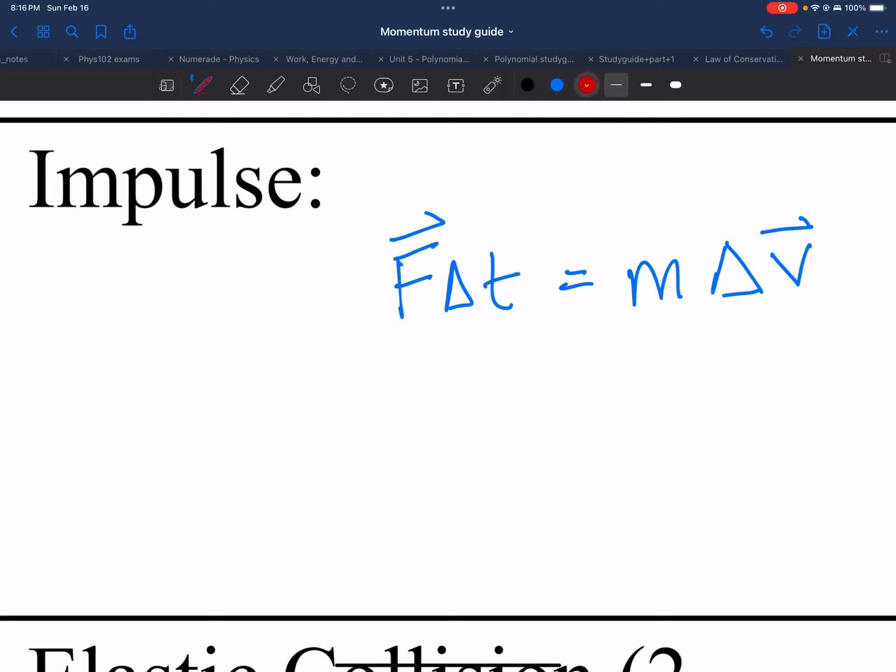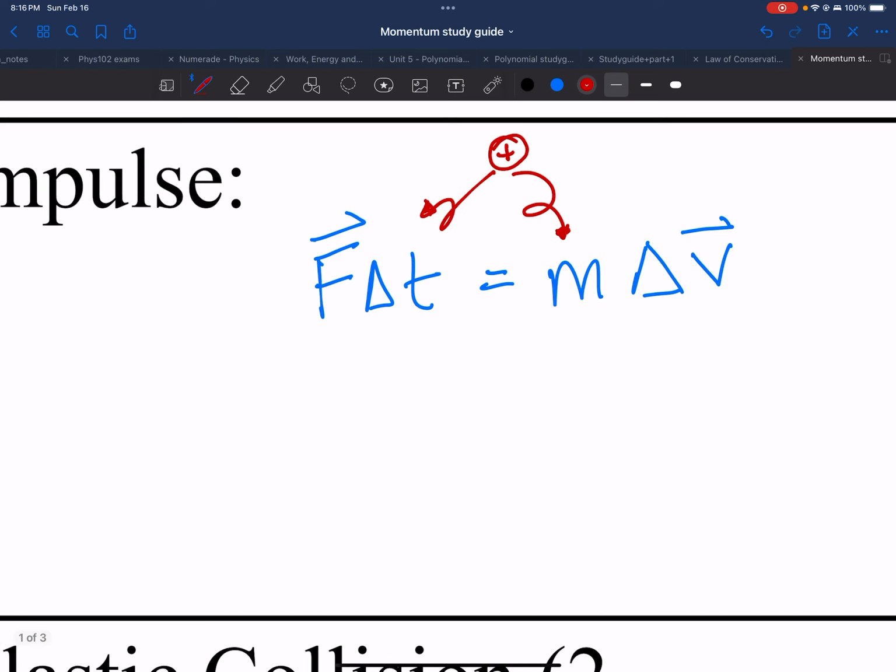Your time and your mass are both going to be positive because they are scalar quantities. We're not time traveling in this class and we're not losing any mass. So those are the pieces there. And again, you can solve for the different variants of this.